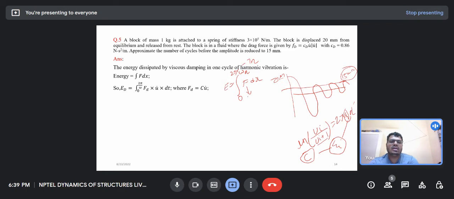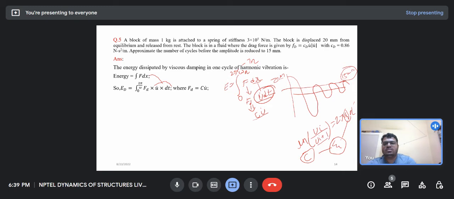Let us write it as F_d. dx is the displacement, u dot into dt, so replace dx with this term. And what is my damping force in the differential equation? That is c u dot, which we generally use.